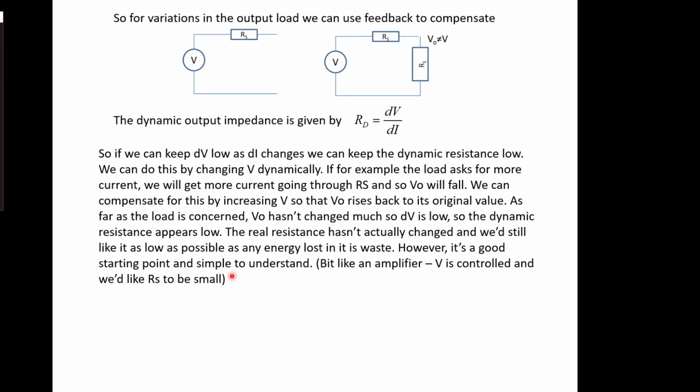What we're trying to say here is that although this doesn't actually change or make the output impedance of this 0, what it's really doing is making the dynamic output impedance of this system equal or close to 0. And the dynamic output impedance is given by the rate of change of voltage with current. So if we can keep the change of voltage at this point low, irrespective of what the current does, then effectively the dynamic impedance is really, really low, and that's what we're doing here by changing this voltage up and down.